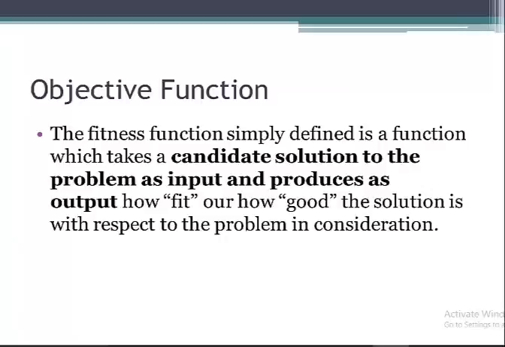So as I said earlier, the objective function calculates the fitness of the current set of solutions, and it is defined in terms of the problem under consideration. It depends on the problem, and the objective function will change from problem to problem. However, the objective function is the thing on the basis of which a solution in the current generation will be selected or rejected for consideration in the next generation.